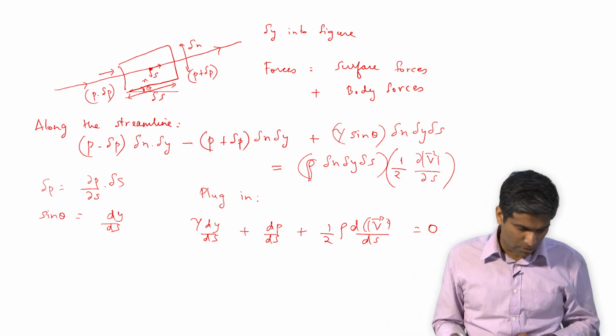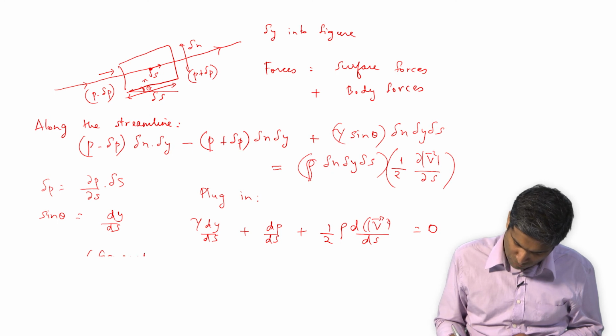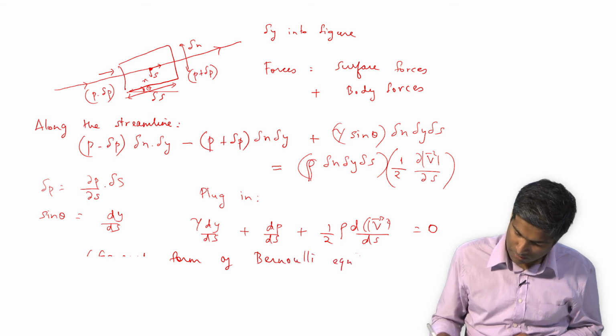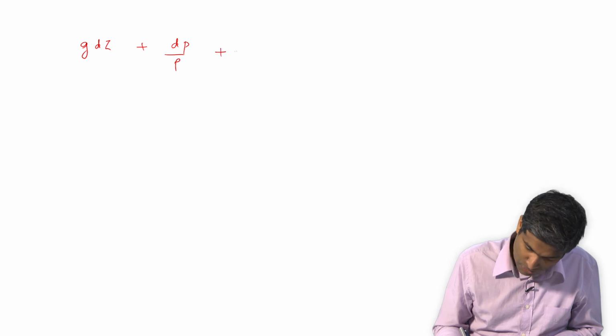So this is the general form of what is called the Bernoulli equation. We rarely use it in this form. We haven't yet assumed incompressible. We have just said rho is the local density. So we would simplify this further under the variable density assumption and write it in differential form in this fashion.